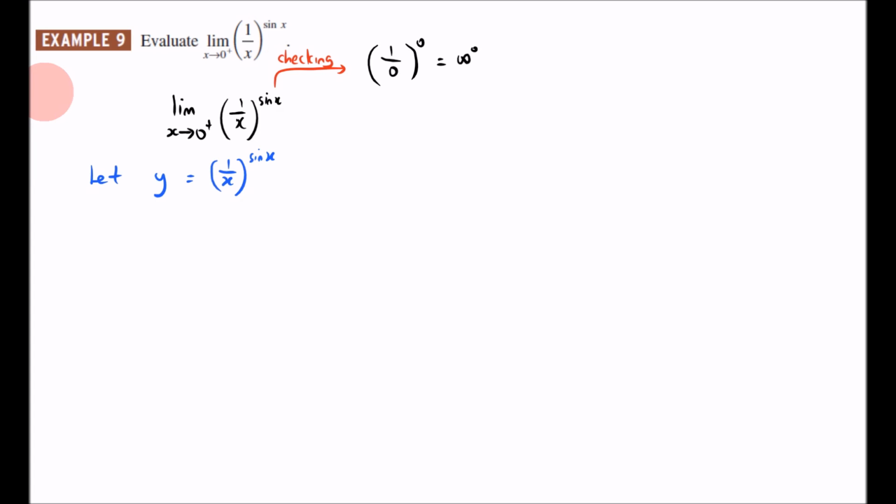So ln y is ln of 1 over x, all to the power sine x. So we bring down the power sine x, times ln of 1 over x. Now 1 over x is x to the power of minus 1, right?